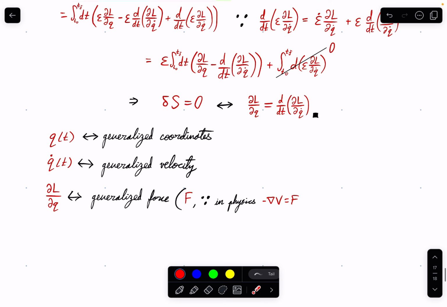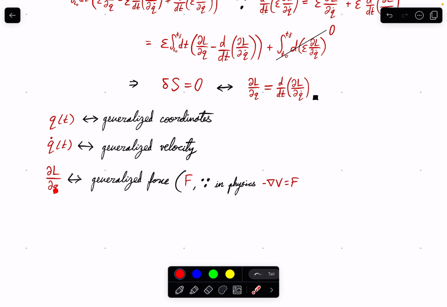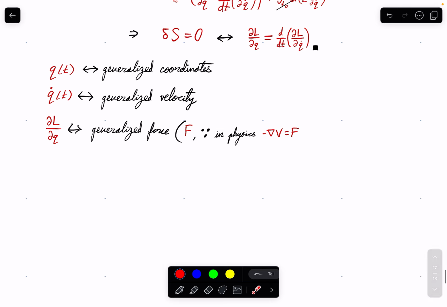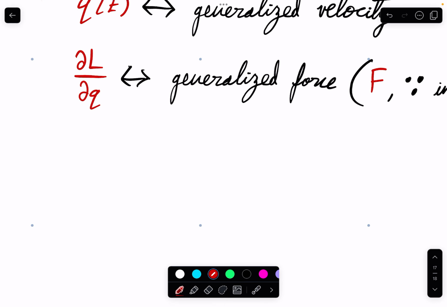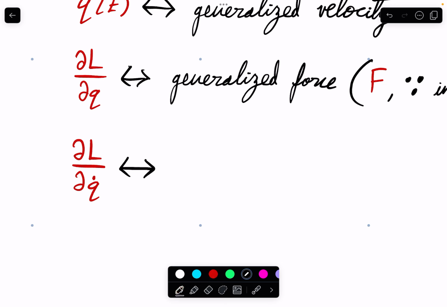So when you're taking this derivative right here with respect to coordinates, it's like taking the gradient of a generalized potential with generalized coordinates. So it's a generalized force. And then this value right here, ∂L/∂q̇, this actually is generalized momentum.